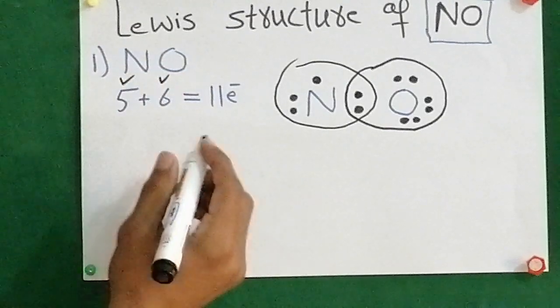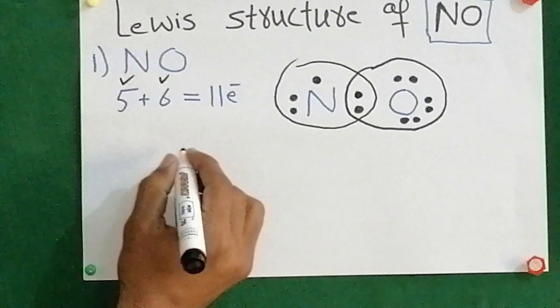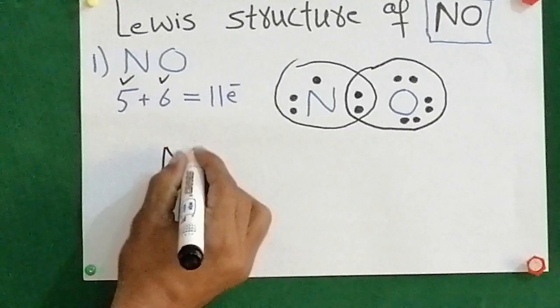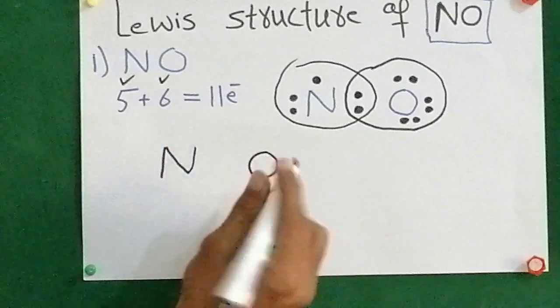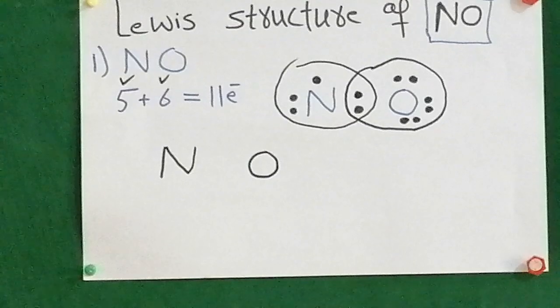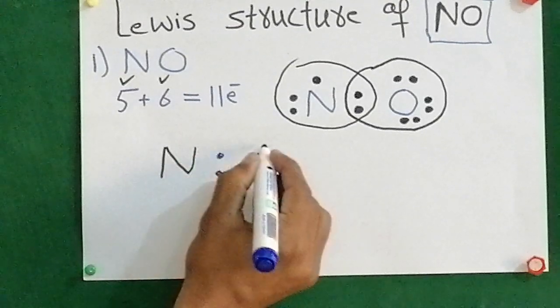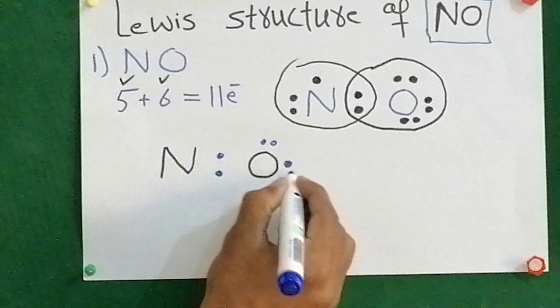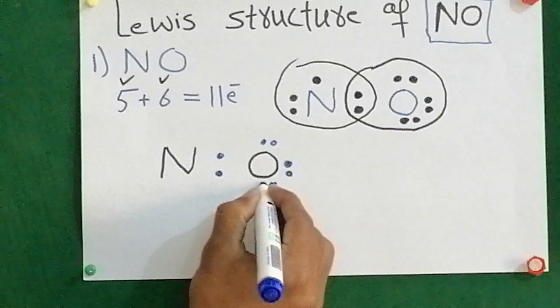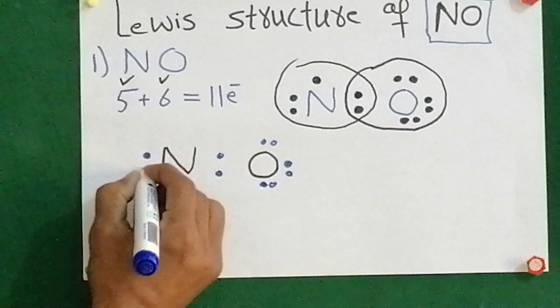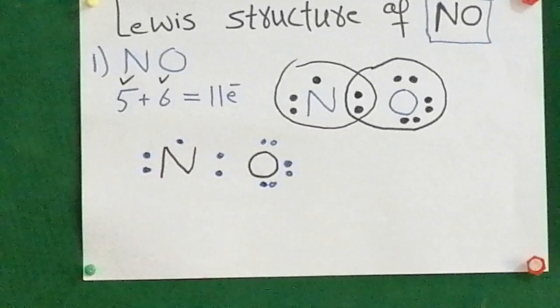So again I am going to write it. It's nitrogen, it's oxygen. 2 dots here, 4, 6, 8, 10 and 11.